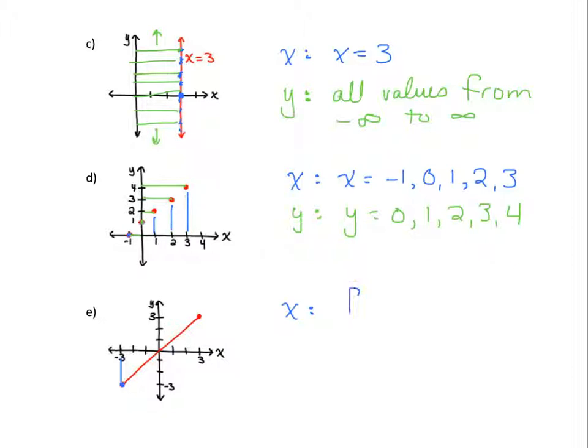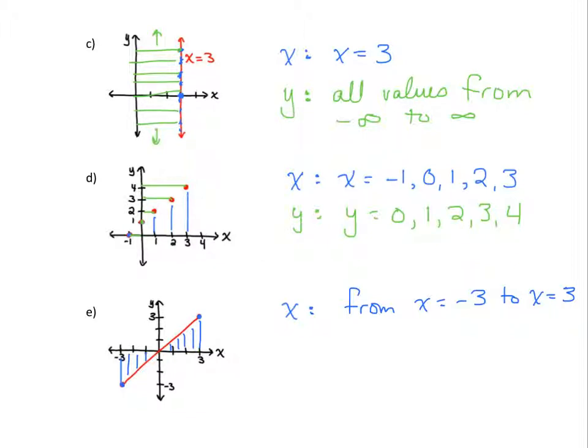So the x values are going from x equals -3 up to the highest x value. So we look at the right side of the graph and see what its x value is, and it's +3. So from x equals -3 to x equals +3, and every value in between, because the graph is a solid line and they all have an x value, anywhere from -3 to +3.